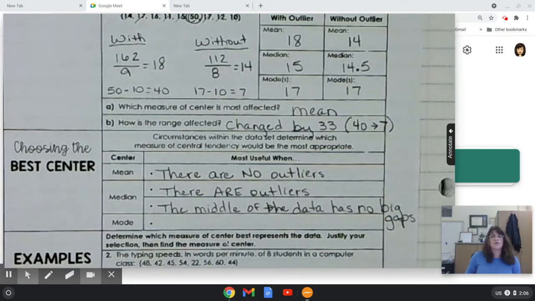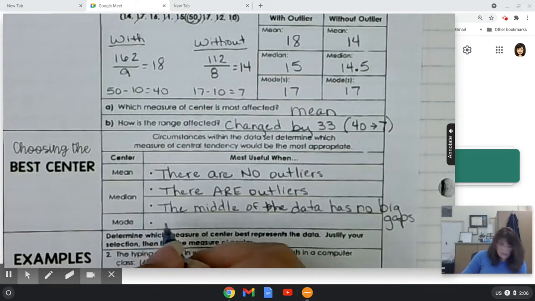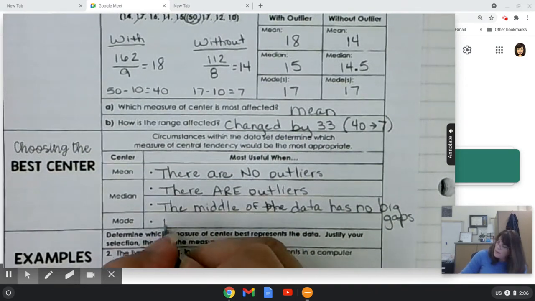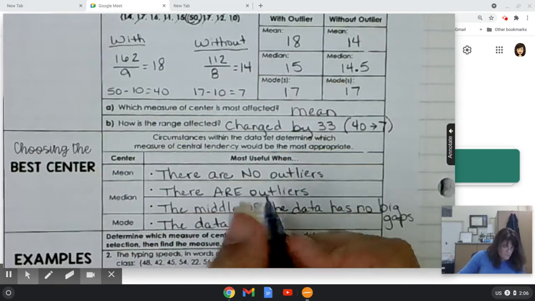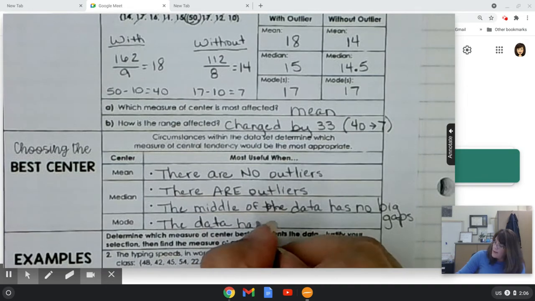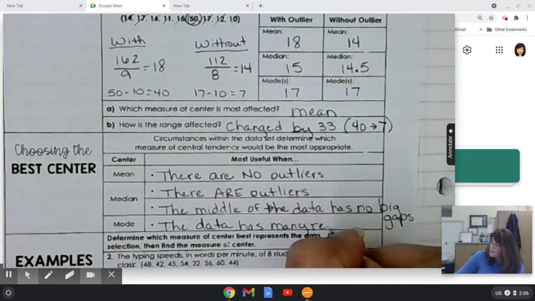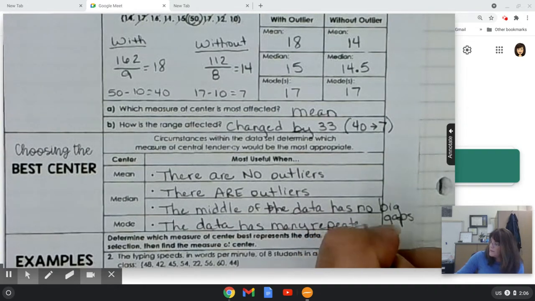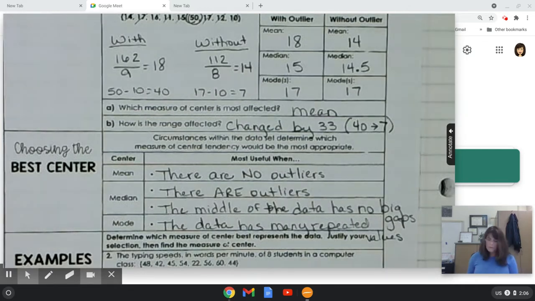And I'll demonstrate that in a minute. The mode is the best measure of center when the data has many repeated values. Okay?